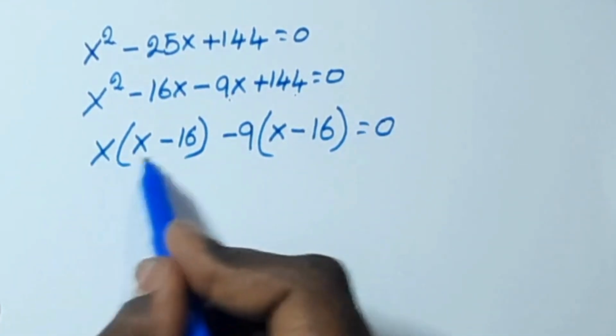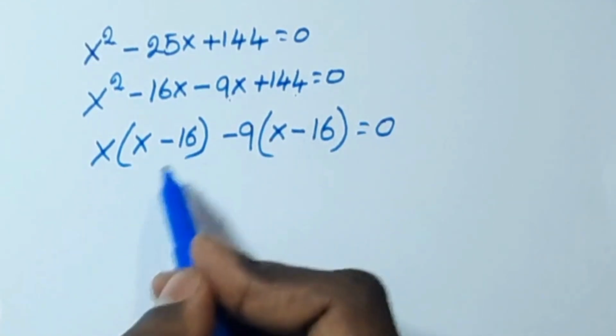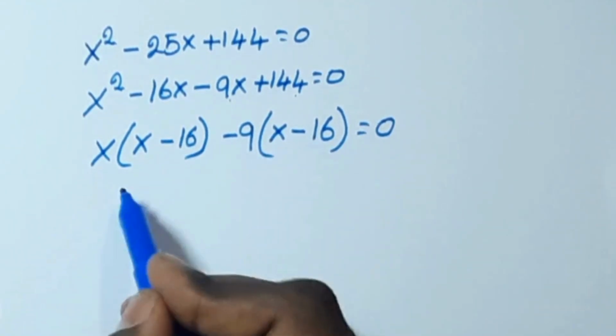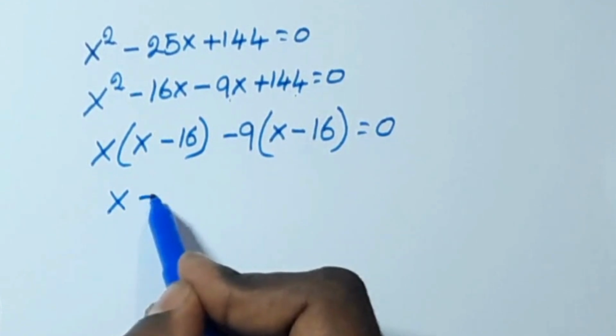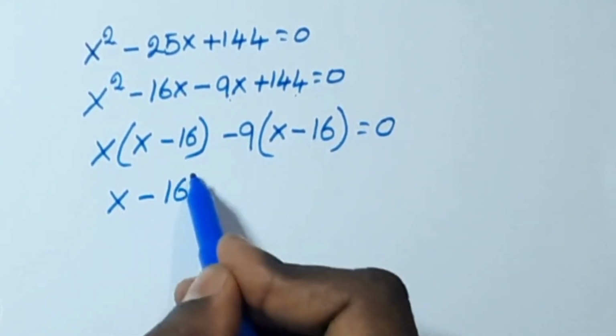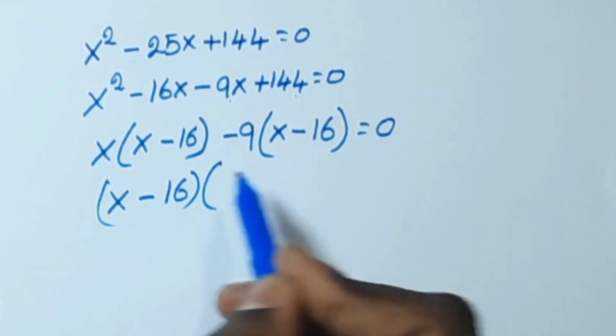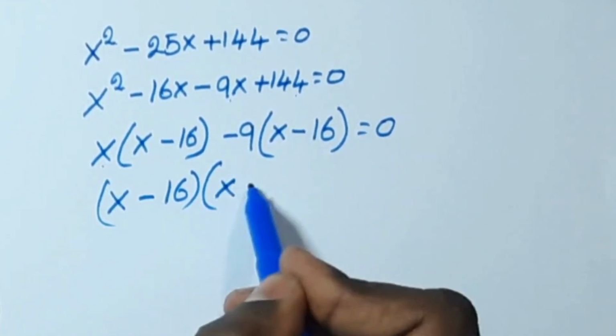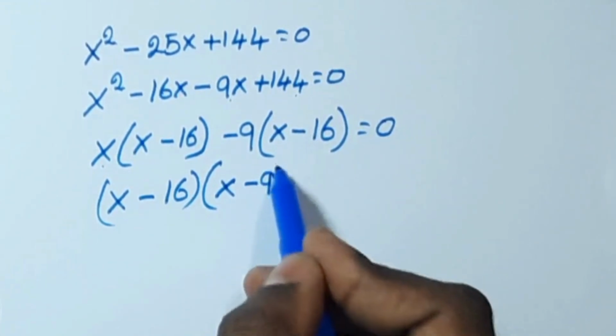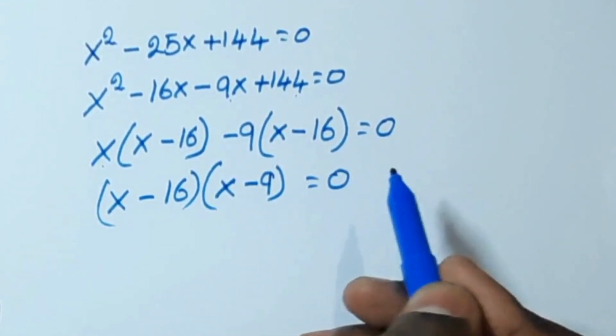Now here we are going to take x minus 16 common. So x minus 16 open bracket x minus 9 close bracket equal to 0.